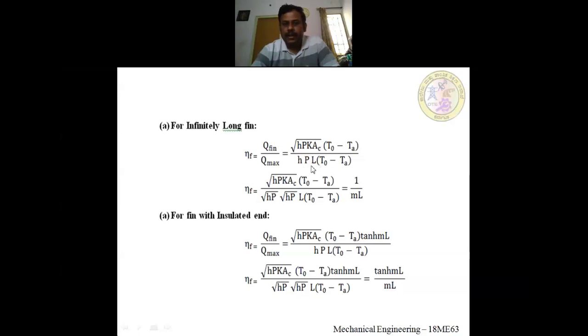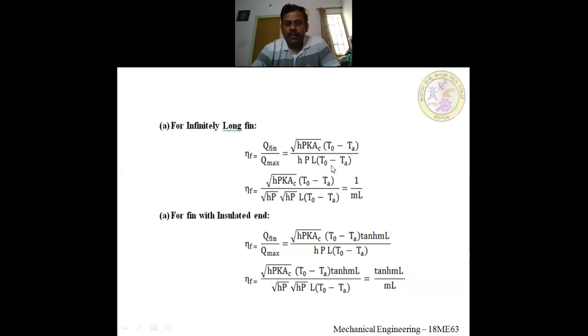So h into the surface area of the fin, which is given by perimeter into length, into, since the entire fin is maintained at base temperature, T naught minus the ambient temperature. So the maximum possible heat transfer is given by h into perimeter into length into T naught minus T infinity. You should know the formula for surface area, perimeter into length.